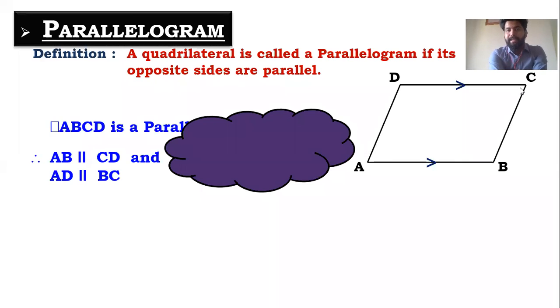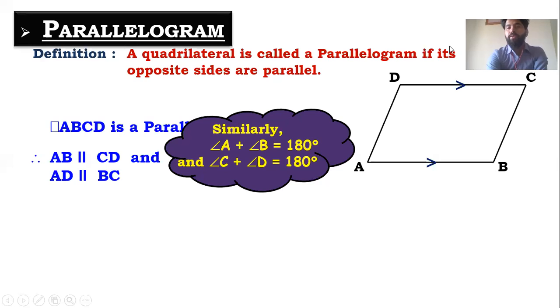Acha, angle A and B are also adjacent, right? They come one after the other, see, after A comes B. Yes or no? Yes. Perfect. So you can say angle A and B are adjacent angles, angle B and C are adjacent, C and D are also adjacent, A and D are also adjacent.